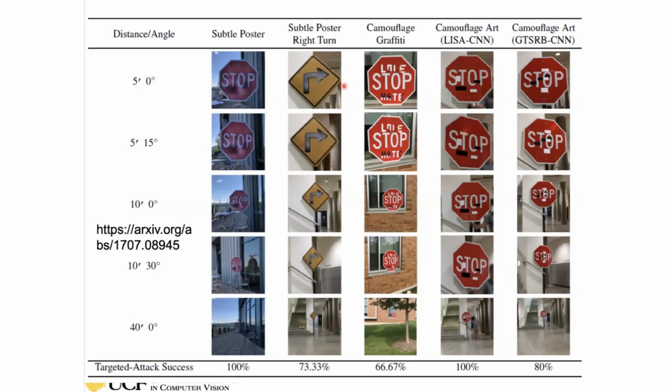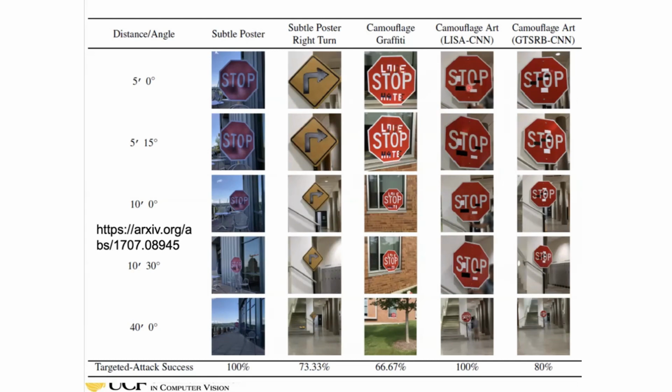And this is another sign, right? The right turn sign and also a stop sign. So they also do different kinds of perturbation, right? So here maybe just some color change, but here they actually crafted some graffiti, right? Resembling graffiti, right? Some other special words printed on the sign, right?